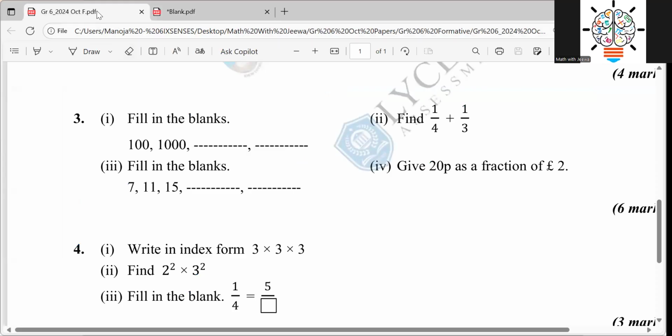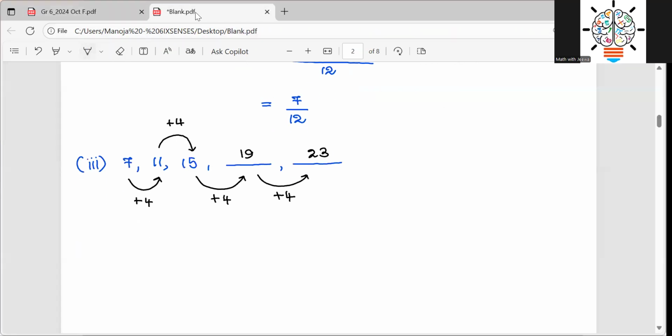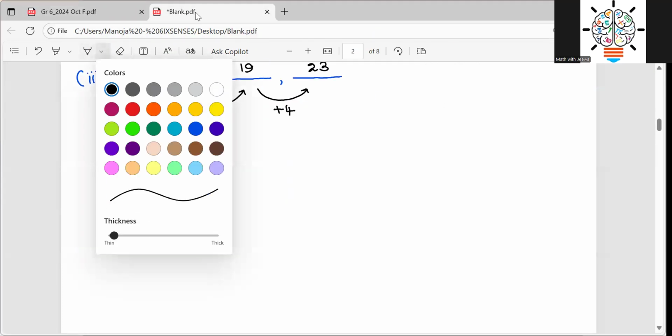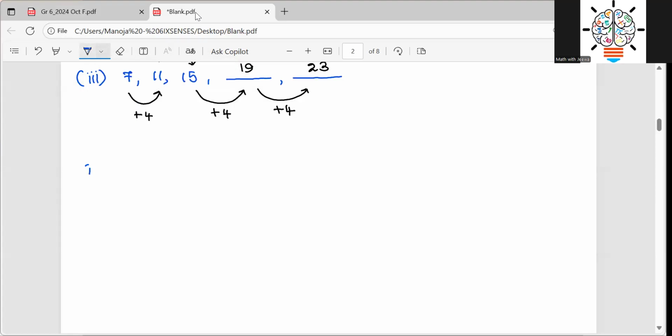And number 4, give 20 pence as a fraction of 2 pounds. First of all, before doing this, you should have an idea, right? First, you want to have an idea. 1 pound is equal to 100 pence. First, you want to know this relationship.